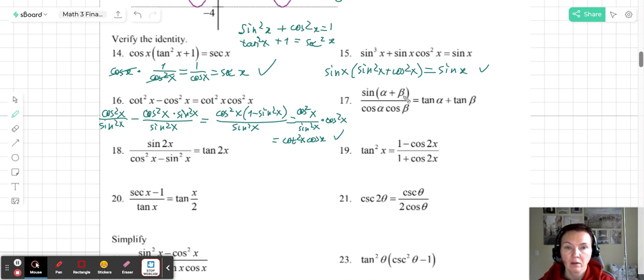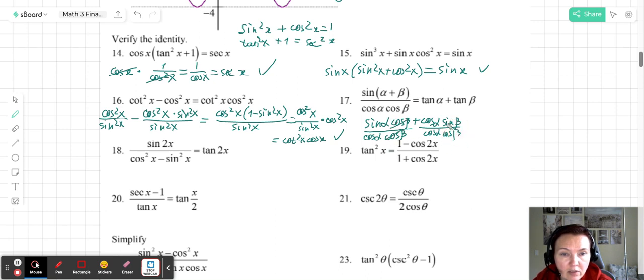Check. All right, for this identity, I would probably be using the sum identity for sine. So I'm writing down sine alpha cosine beta plus cosine alpha sine beta, and I'm going to split this into two fractions, so both of them have the same denominator, cosine alpha cosine beta, cosine alpha cosine beta.